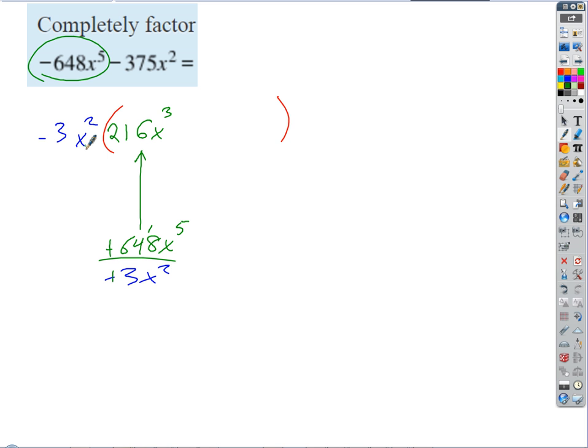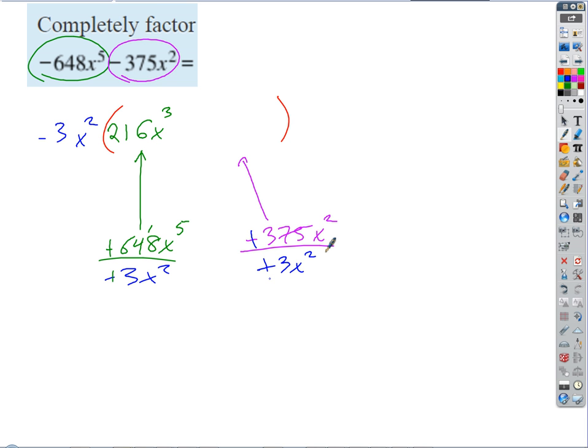Okay, so what's going to go there? How am I going to tell? Do the same thing. Whatever negative 375x squared divided by my GCF is. Negative over negative is positive.